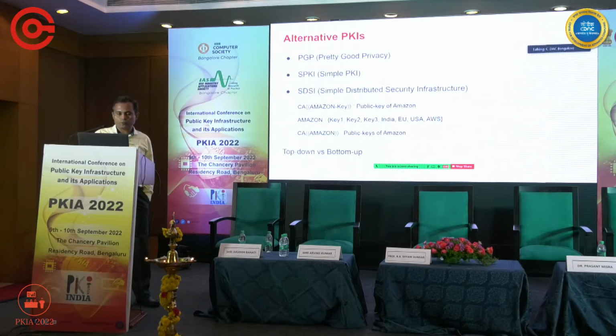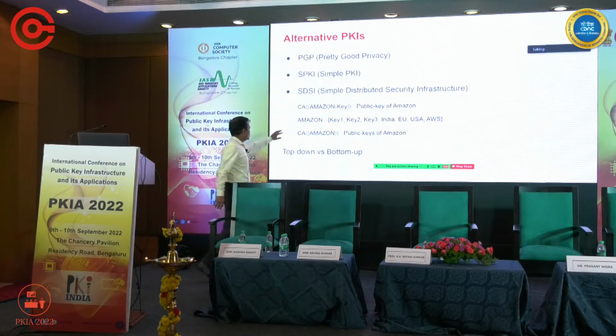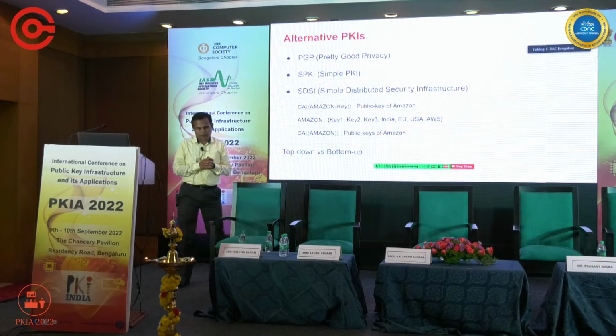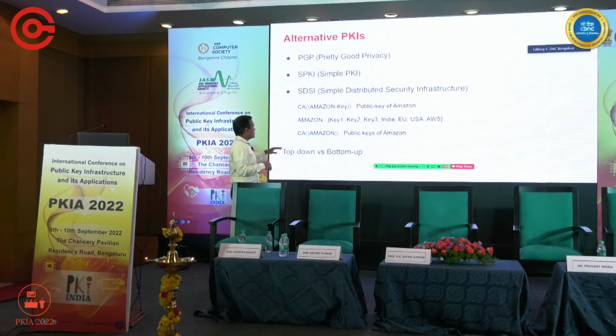There is another effort around 2000 which is called SPKI, in which instead of issuing a certificate to an explicit key, you can issue a certificate to a string, and that string can be later evaluated into keys. So for example, here, assume this CA has issued an Amazon key, which is a traditional way of issuing an X509 certificate.